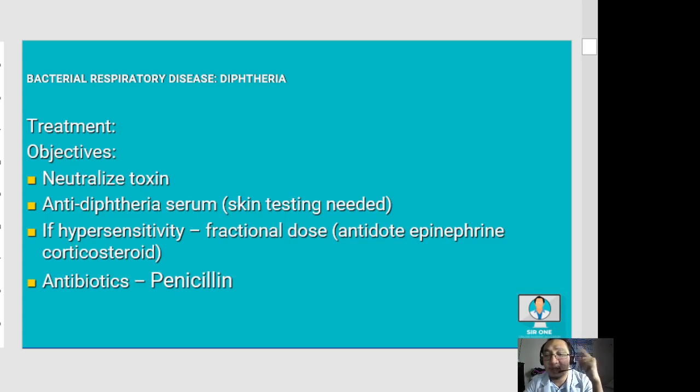In terms of diet, it should be a soft diet with small frequent feedings. An ice collar is also recommended to relieve pain in the neck area, and proper hygiene, especially mouth care, is emphasized.